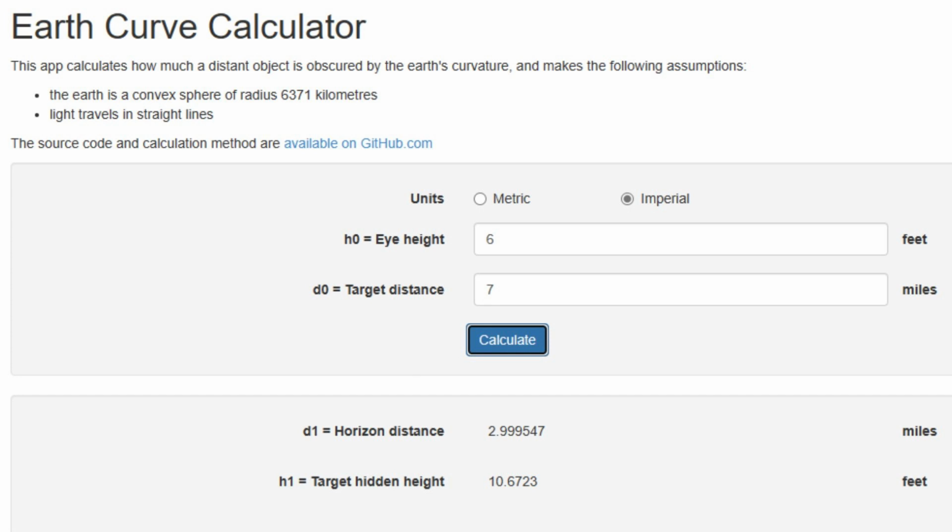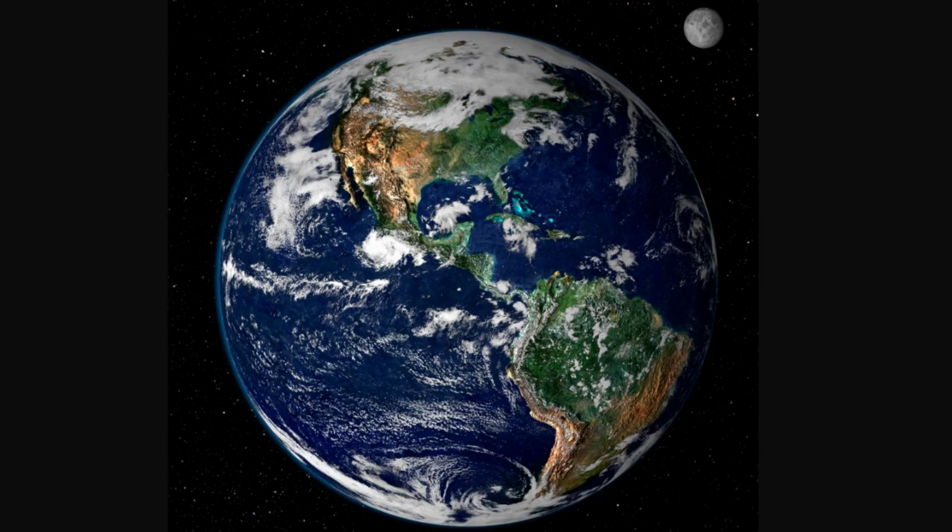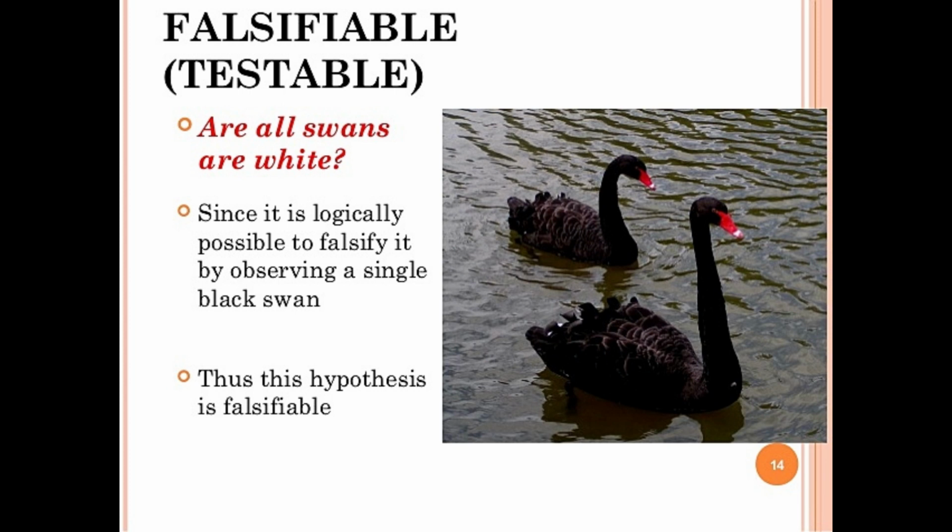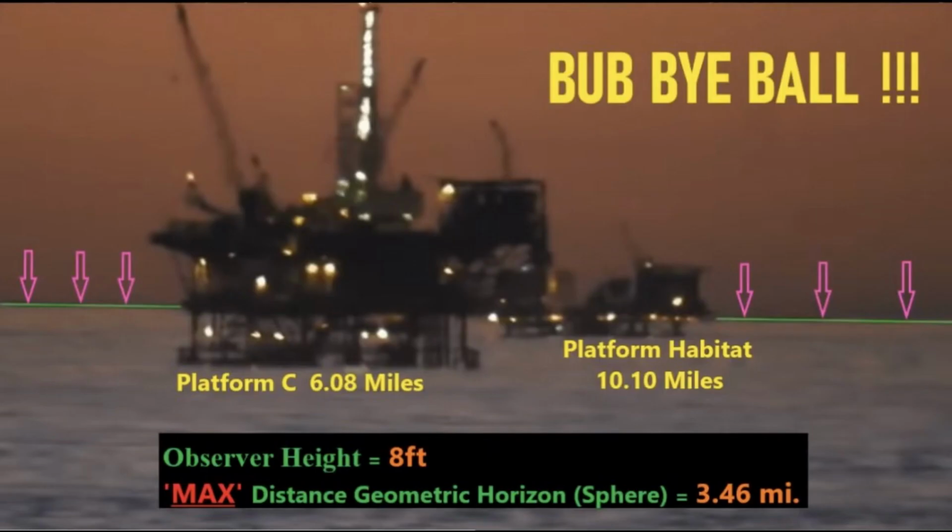And that's awesome. This has been falsified. Oceans and water cannot curve. The falsification principle states that if something's falsified, you must eliminate the hypothesis and move on to a different hypothesis. And that's where we are in the world right now. It's just time to pay attention.